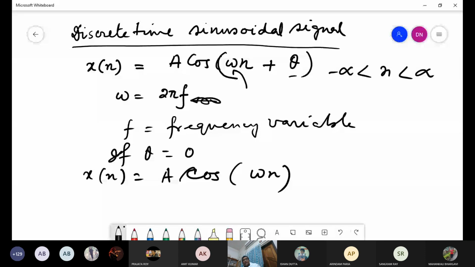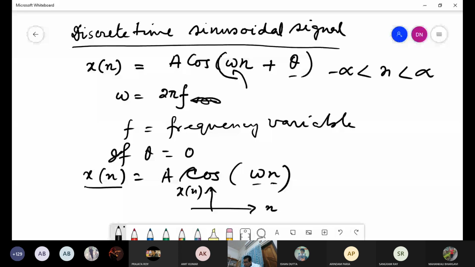Now, if the value of omega is given to you, then you can plot n versus x[n]. For different integer values of n, you can evaluate the value of x[n] and plot it. In the plot, the vertical axis will be x[n] and the horizontal axis will be n. Then you can plot the signal.